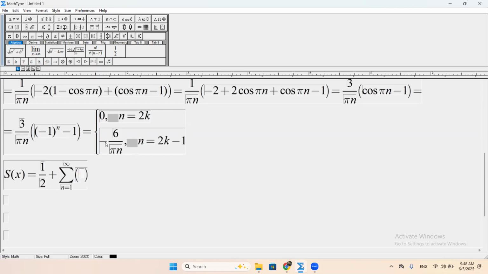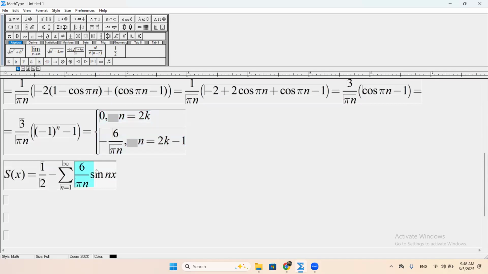So minus 6, minus 6. Okay, let me move minus here. 6Pn sine of nx. But as we know already, if n is even, then it is 0.